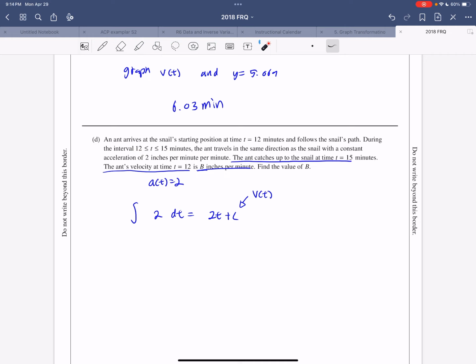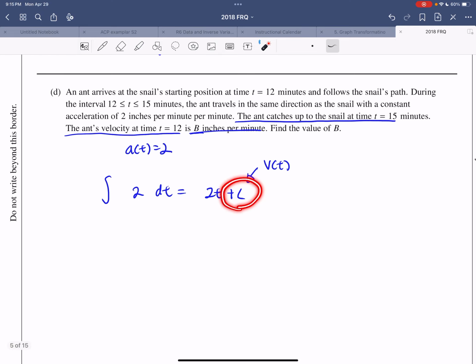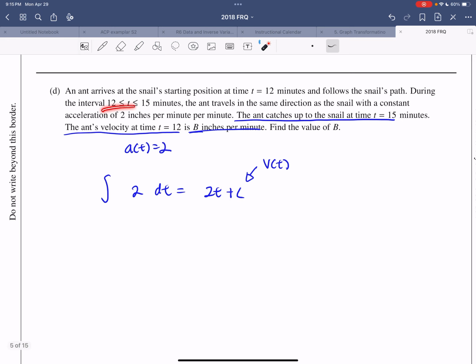In order to solve for c, you have to find the displacement, because you only want time 12, but what we know is 12 to 15. So we want to find the velocity at that time, and we have to take the antiderivative of this. This time it's going to be from 12 to 15 of 2t plus c dt.